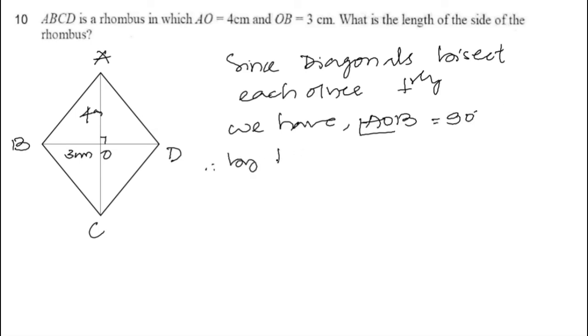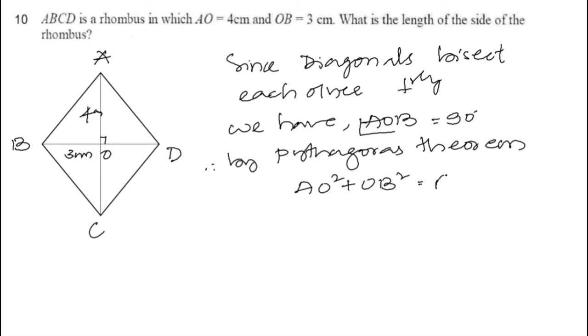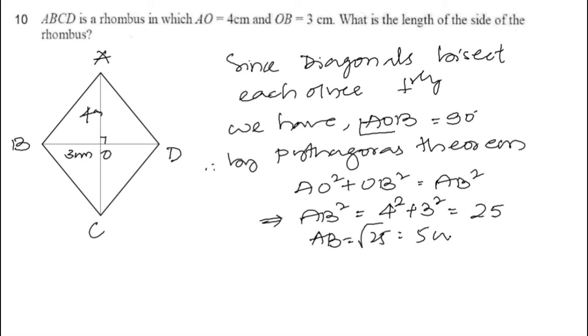Therefore, by Pythagoras theorem, we have AO square plus OB square equal to AB square. This implies AB square is 4 square plus 3 square. This will become 25. So the length of AB is root 25, which is 5 centimeters. So each of the sides is found as 5 centimeter.